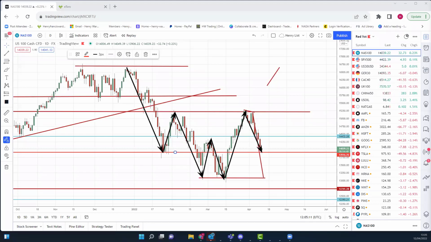Now, with the inverse head and shoulders, we would be looking for this to happen, and then for it to break the neckline here. So this section here is the neckline. So is that an inverse head and shoulders?